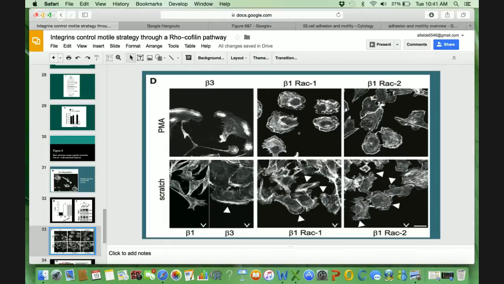What we had also established previously is that Coughlin had played an active role in the actin cytoskeleton polarization, and what we saw in figure 3.